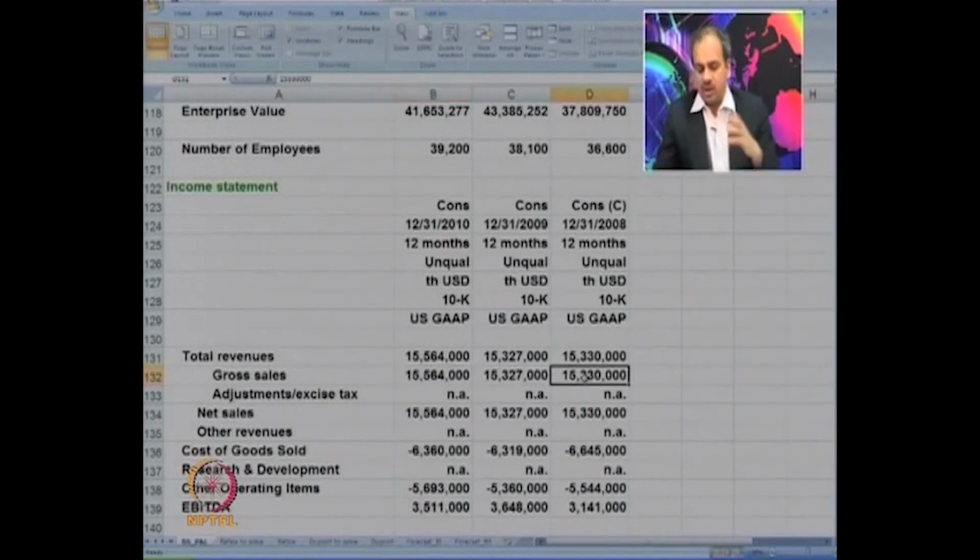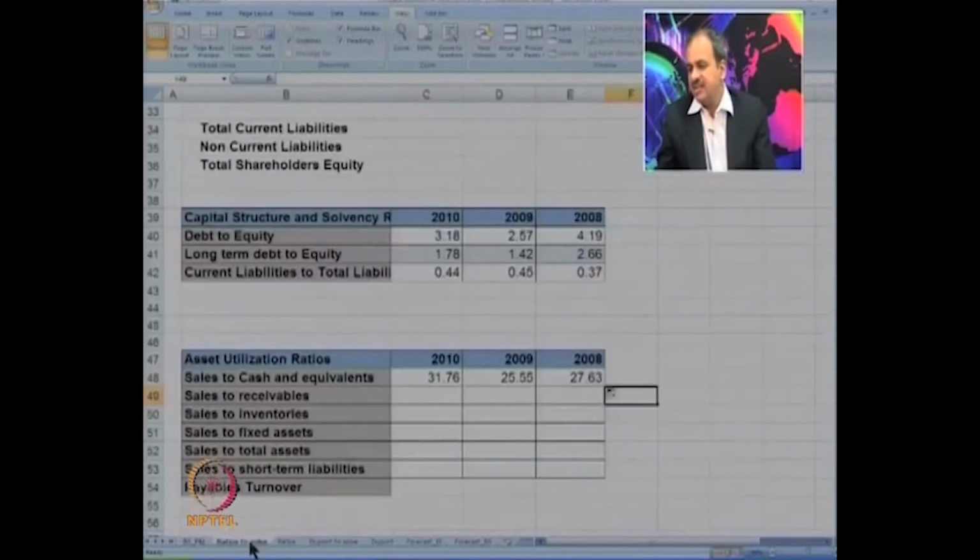It has not gone down, though it has not increased substantially, but it does show some increase. Are you able to get it? Okay. So the company is able to manage a good amount of sales with less cash. That is why this ratio has increased. Now let us look at the sales to receivable ratio.